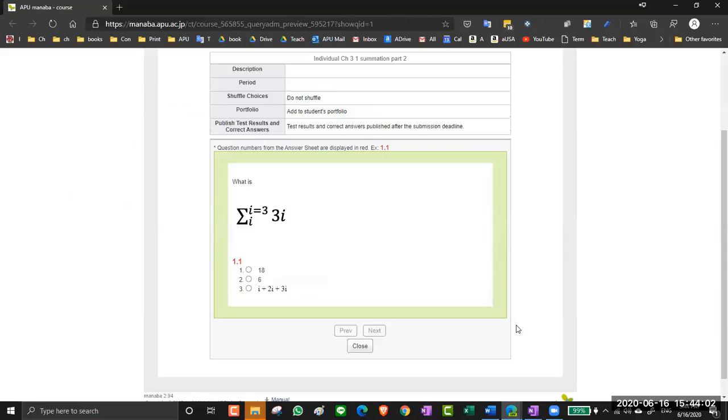I made a slight error in the notation. I didn't give you the lower limit, right? Yeah. So it's supposed to be i equals 1 to 3. Okay, so let me turn that on, and then you can answer that one.